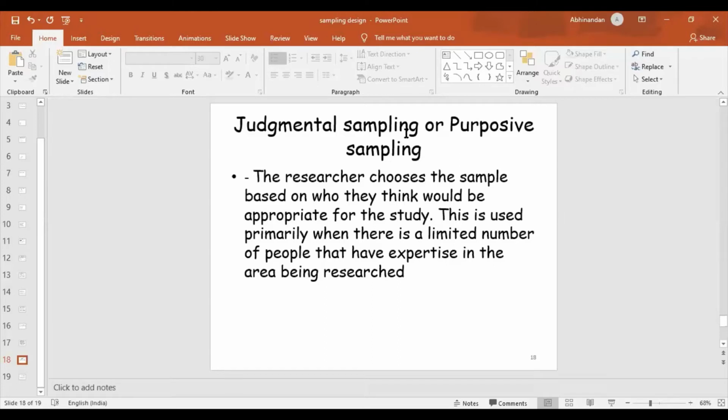So all these aspects I have to cover. For this purpose, I have to choose those investors who invested in the pandemic era. So this is called judgmental sampling. Only those respondents are considered as the sample. Here the researcher has the option to choose the sample.